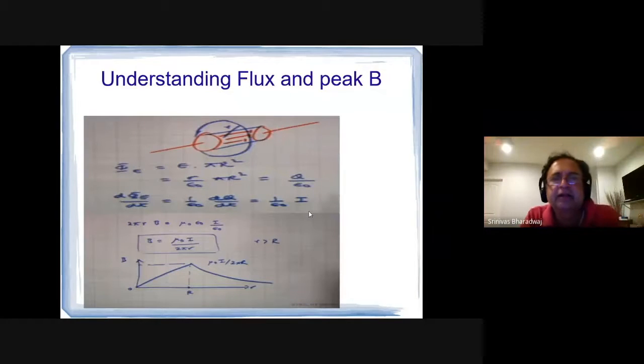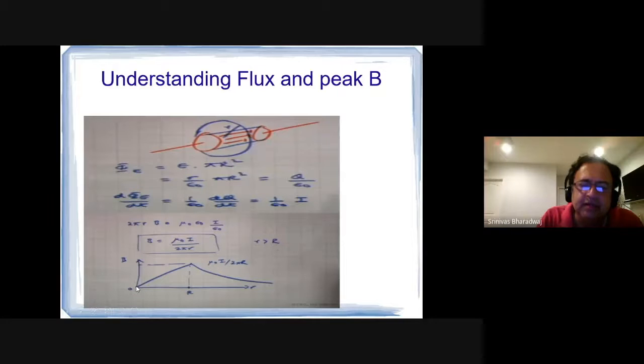Now the flux, right? The flux that you see inside a medium varies like this, goes up, B dot dl equals mu naught I, and on to outside.